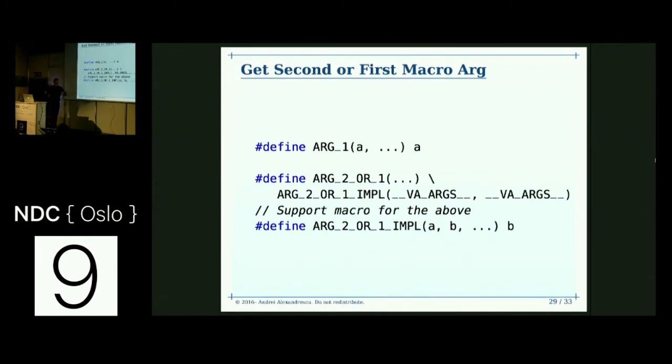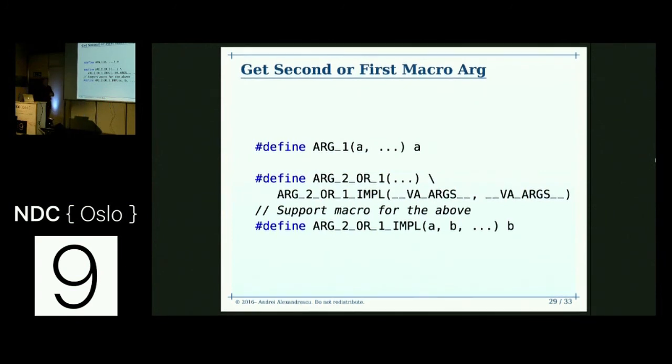Nothing up my sleeves. Define arg2or1. If I call arg2or1 with two arguments, it's going to give me the second argument. But if I call it with one argument, it's going to give me the first argument. Here's how it works. arg2or1 is arg2or1_IMPL of __VA_ARGS__, comma, __VA_ARGS__. And arg2or1_IMPL of A, B, and any other arguments is going to return B. So now let's see.